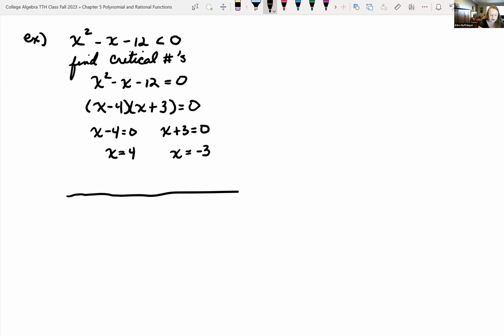So the next step was place your critical numbers on a number line. So my smallest critical number here is -3, and my largest critical number here is 4. And so notice I have 3 separate intervals. I have this interval in here where x is less than -3 that I need to test. I have an interval in here where x is between -3 and 4 that I need to check.